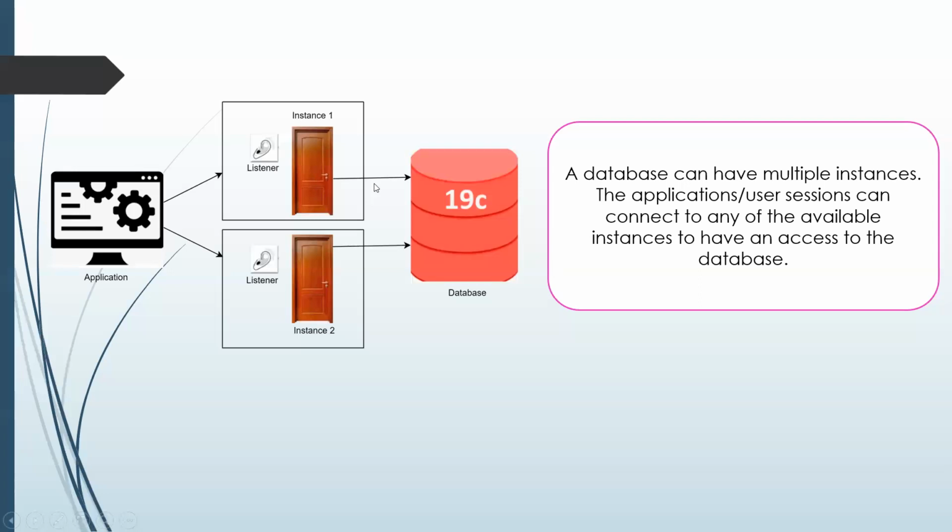Let's say you have this database and there is only one instance present for that database. For some XYZ reasons, if the server becomes unreachable, in that case the users or the applications will not be able to connect to the database, right?